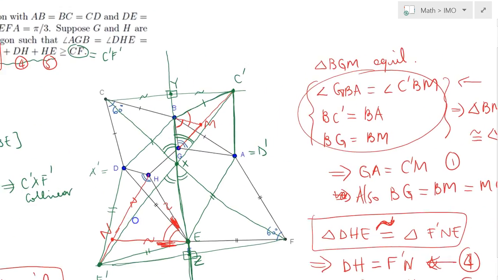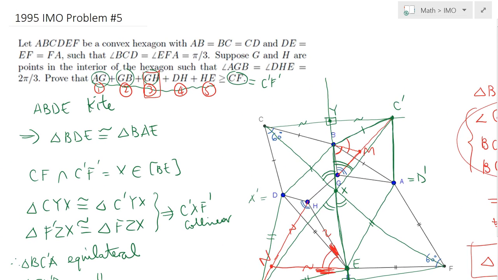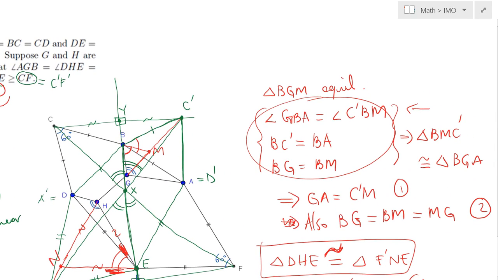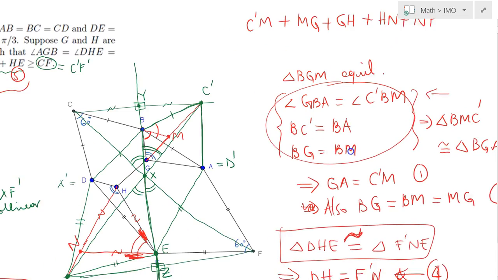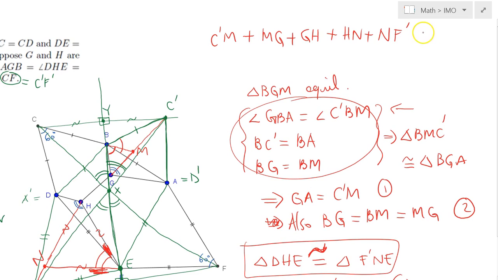So we can replace AG with C prime M. Therefore, what I'm claiming is that the left-hand side, let's write everything here, would become C prime M plus MG plus GH plus HN plus NF prime. So you can see it's NF prime. And we need to show this is greater than or equal to C prime F prime.